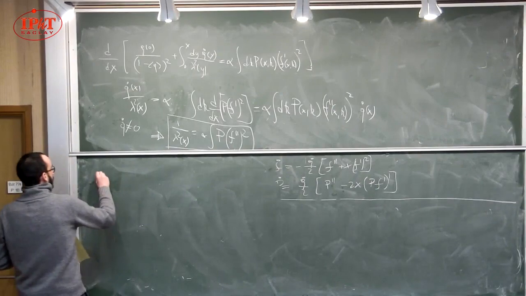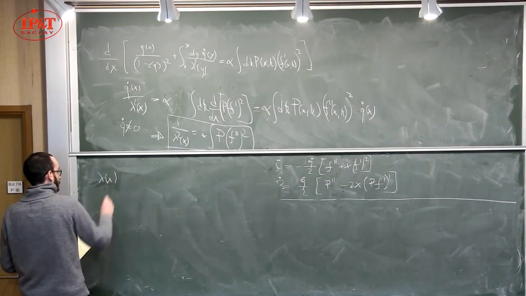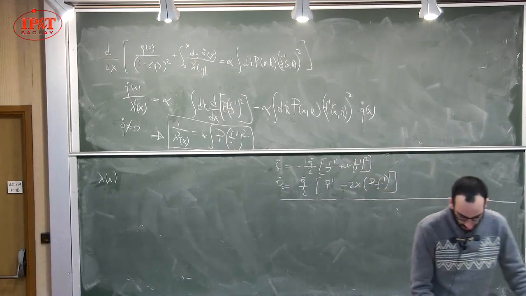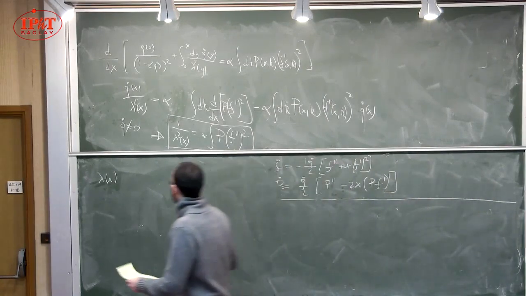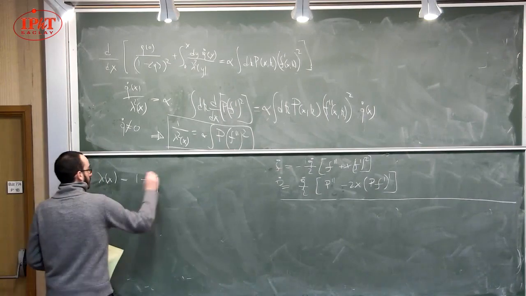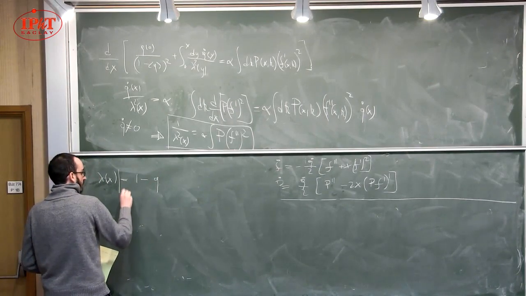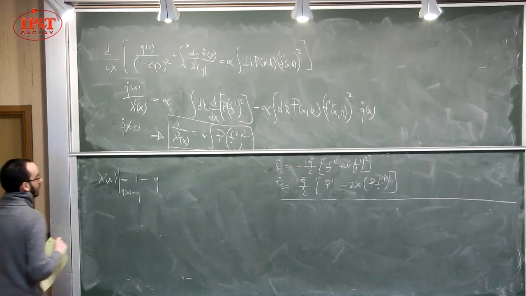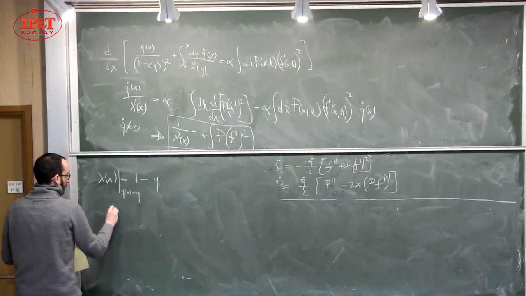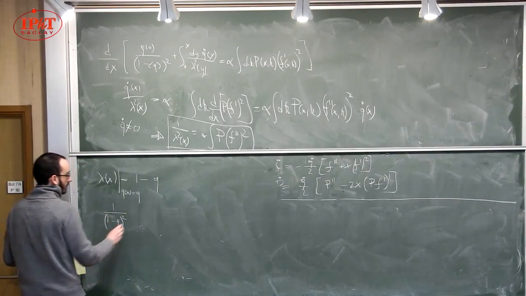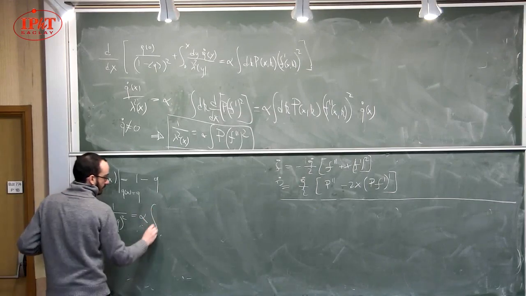So lambda of x. Now, when you compute it on the replica symmetric solution, this is just 1 minus q, so this is q of x equal to, and therefore this is 1 over 1 minus q squared equal to alpha.